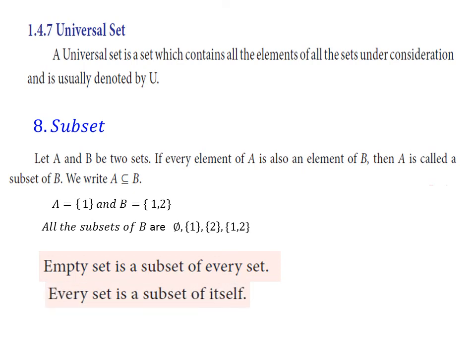Every set is a subset of itself. The same set is a subset of the set. So, these 2 points you should remember while writing subsets. Empty set is also a subset of every set. Every set is a subset of itself. Remember this.